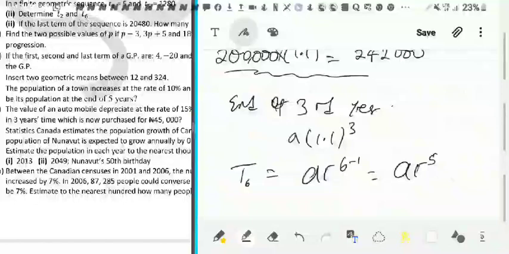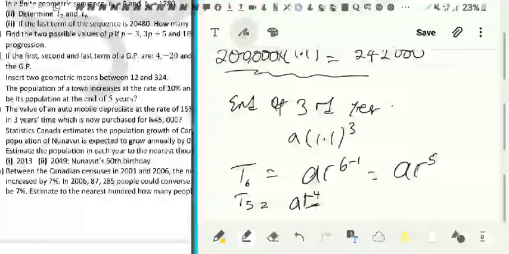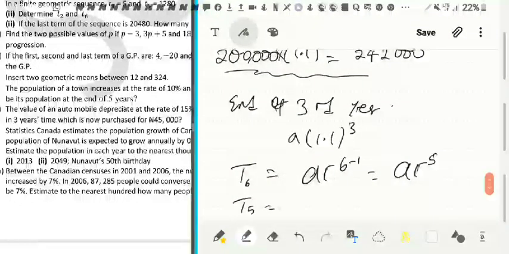If I used T5, it would be AR raised to the power of 4, which is the fourth year, but now I'm looking for the fifth year. That's why I'm using T6 instead of T5. So T6 is AR raised to the power of 5.